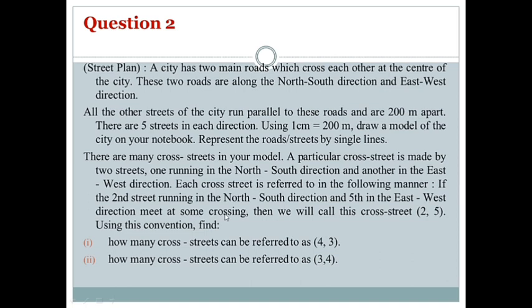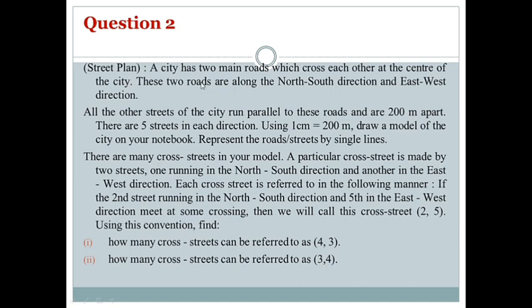They are meeting at a crossing, and that cross street we call 2, 5. So by using this convention, we have to find how many cross streets can be referred to as 4, 3 and how many cross streets can be referred to as 3, 4. That we have to find out.